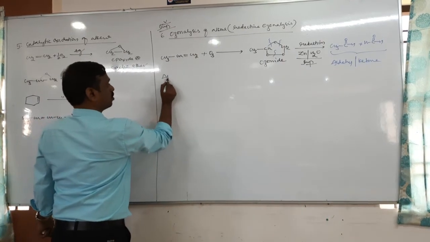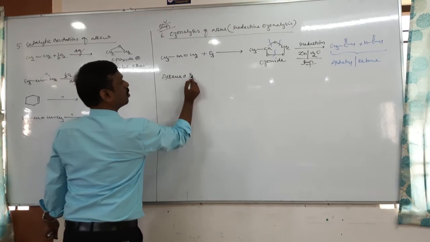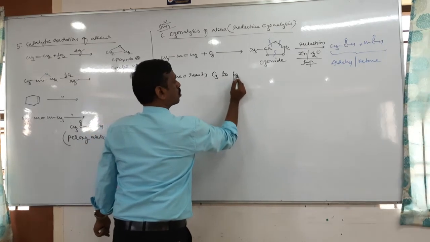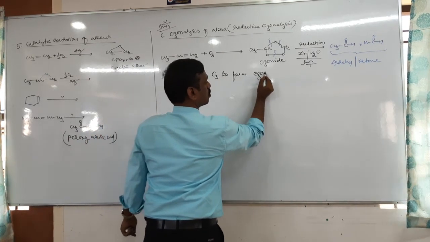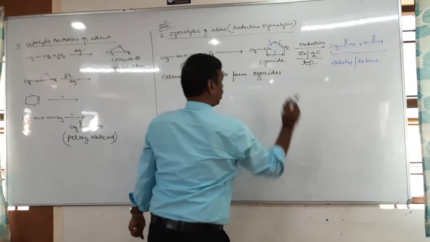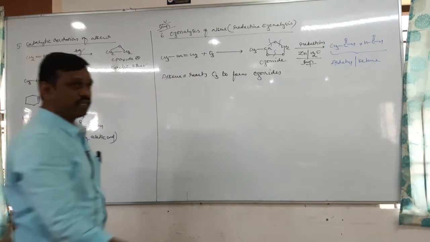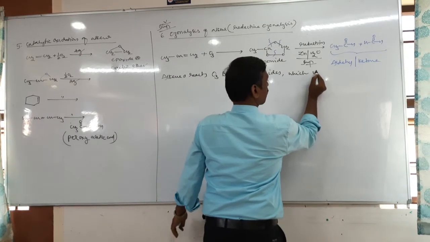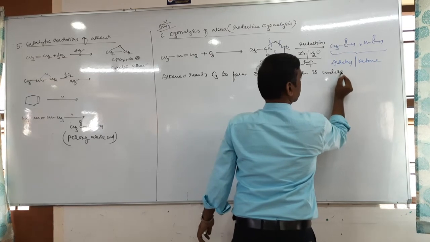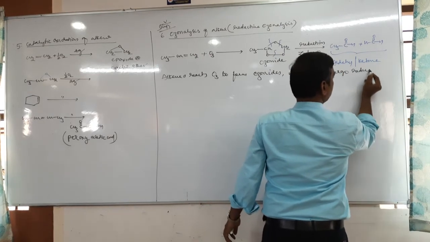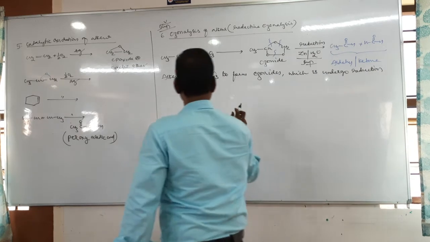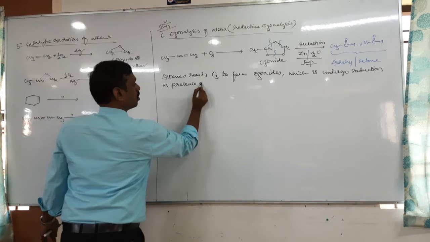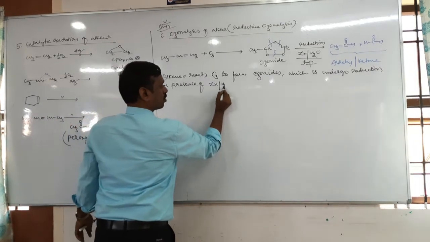Alkenes react with ozone to form ozonide, which undergoes reduction in presence of zinc water.